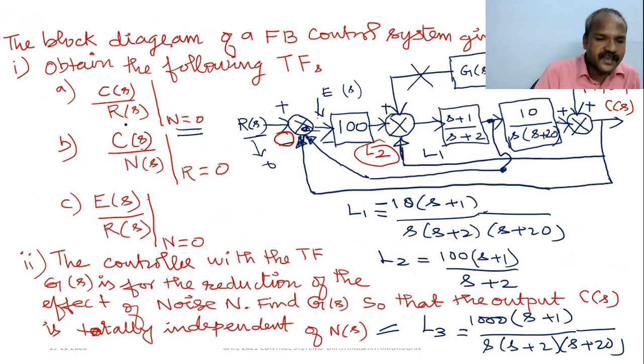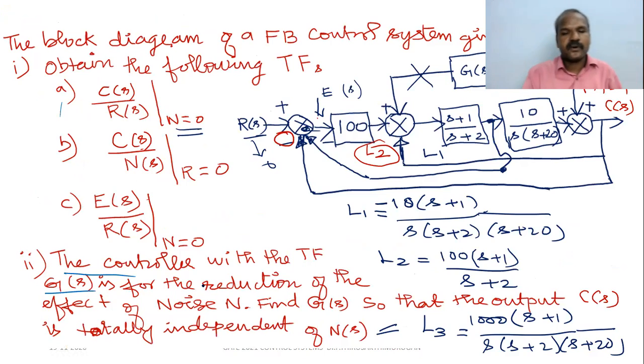What about part 4? In this case, what do we have to find? The controller with the transfer function g of s is for the reduction of the effect of noise n. So we have to find g of s so that the output c of s is totally independent of n of s. So how to find this?